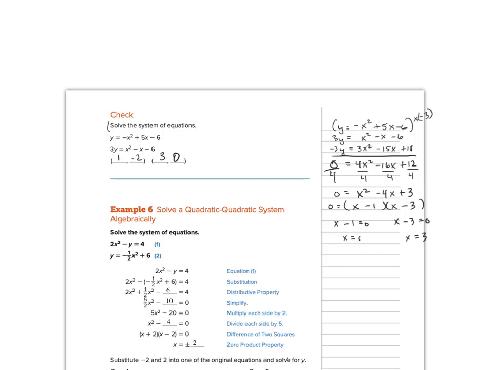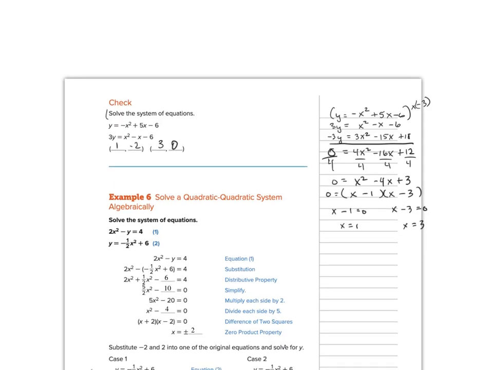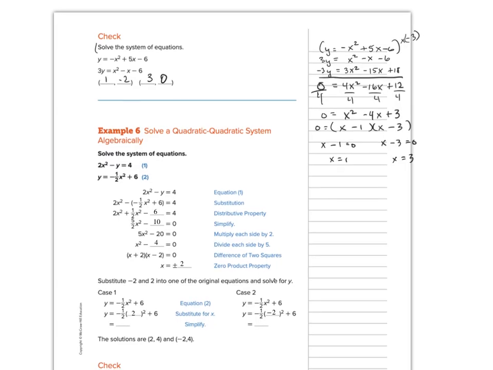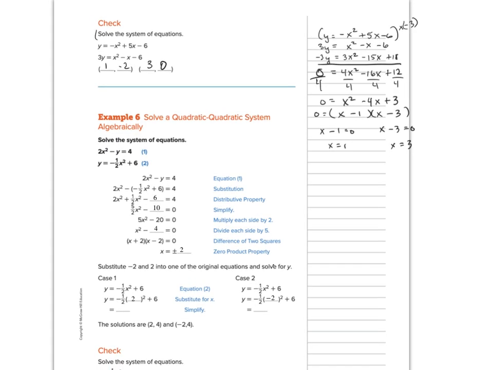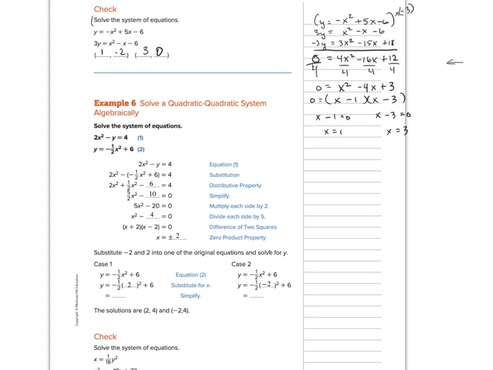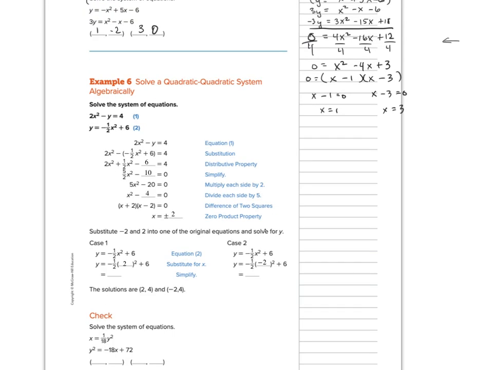Those would be my solutions to that system of equations. So that is one way to approach this. Solving a quadratic-quadratic system algebraically is very similar to what I just did. I just used my critical thinking skills and used the method that was easiest for me.